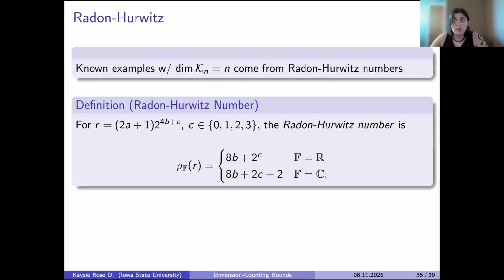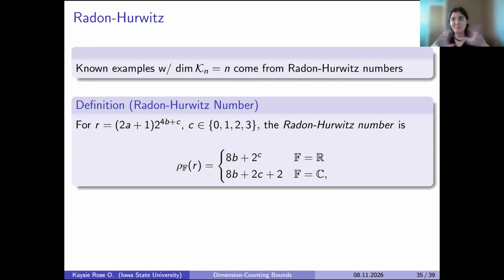And what we're actually going to do is construct an infinite family of such things. And to do so, we have to interact with what are called the Radon-Hurwitz numbers. Basically, you write r like this, you factor out the even part, and you write it like mod 4. And then the Radon-Hurwitz number is this kind of confusing looking expression.